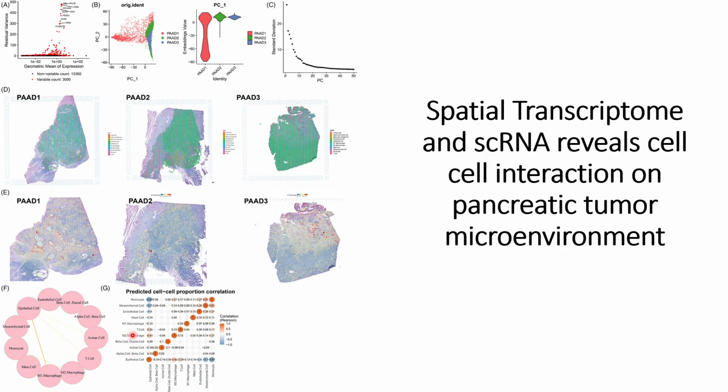Using the heat plot, they also revealed that M1 macrophages have anti-tumorigenic properties against epithelial cancer cells, and M2 macrophages have pro-tumorigenic properties against these epithelial or cancer cells.